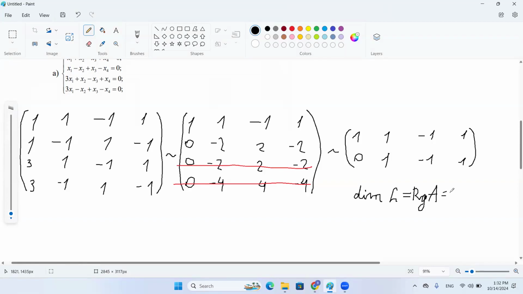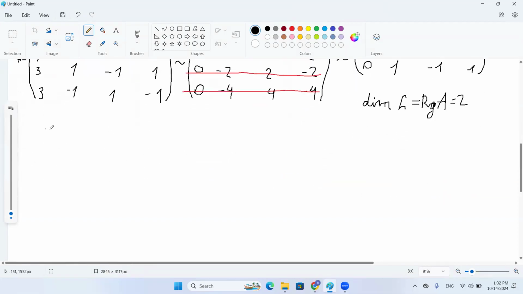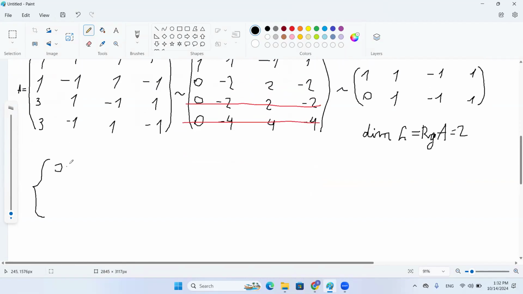It equals 2. Okay, and now we are going to find the general solution of our system. By the way, who can tell me which variables are basis variables, which of them are free?